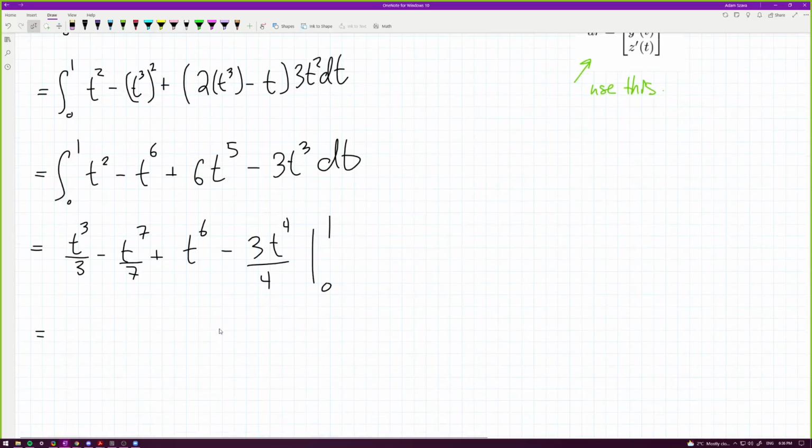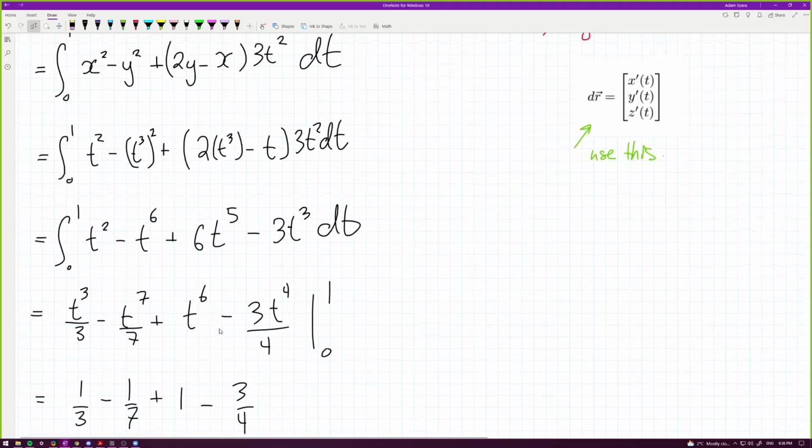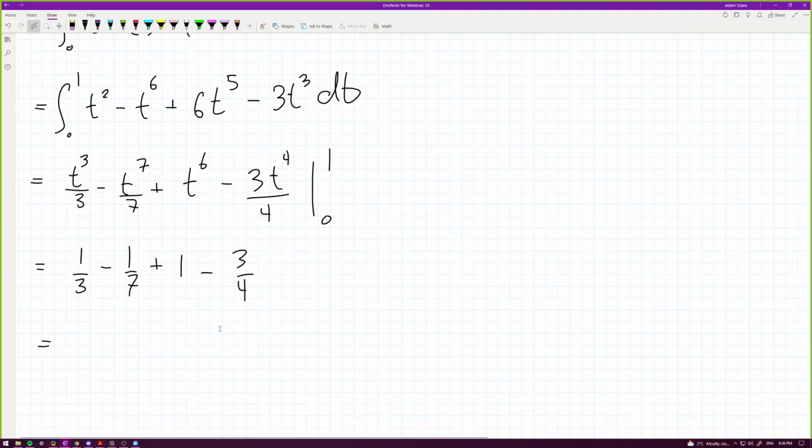So it's just going to be a third minus a seventh plus 1 minus 3 over 4. And then we'll add that all together. So I get 37 over 84. Yeah, okay.